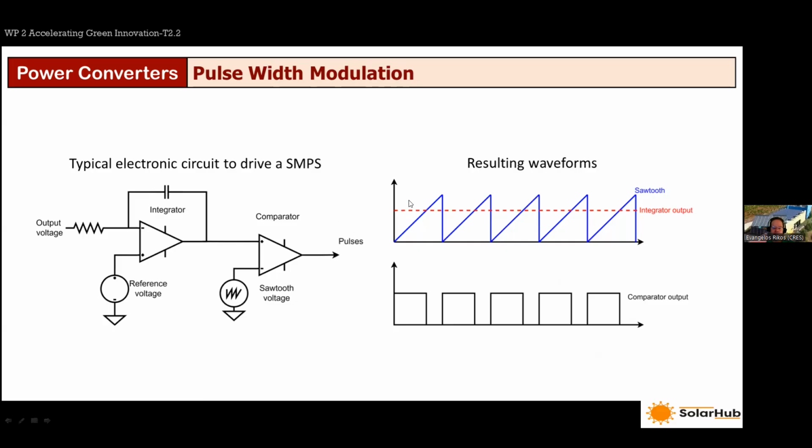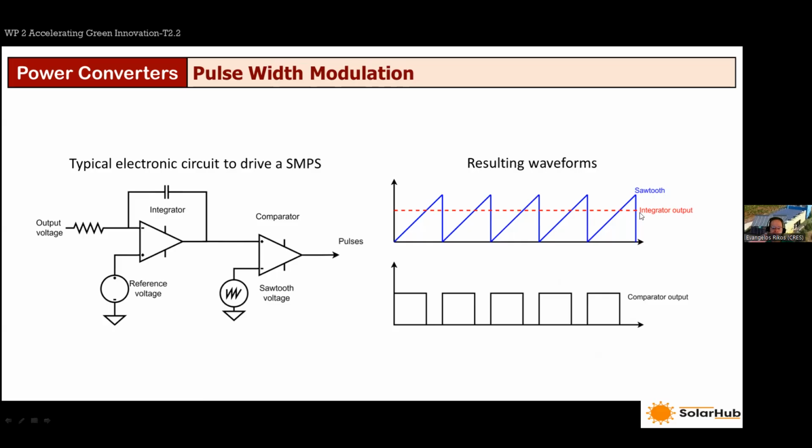Here you have to compare this sawtooth voltage with a constant value, and for the outcome of this comparison, you use an operational amplifier to do that, if you're familiar with electronics. The output of this amplifier is a pulse that is used to drive the transistor, switching it on or off, depending on which interval we are within.